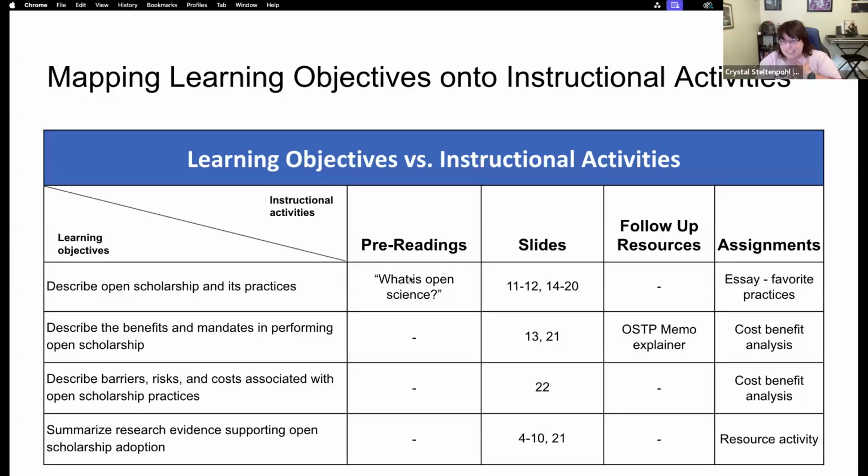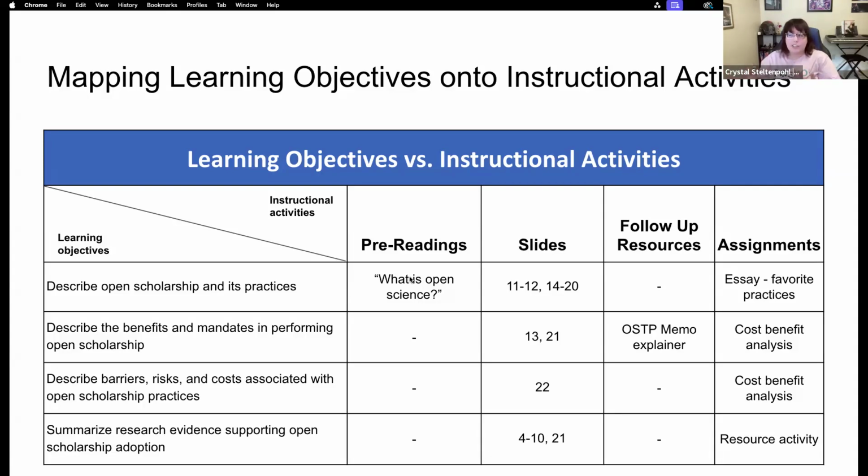I very rarely send an academic article as a pre-reading. Even if my audience is very well educated, maybe they all have PhDs, I still very rarely send an academic article, because we've all read academic articles. They're not necessarily easy to get into, unless an article is just very, very well written.